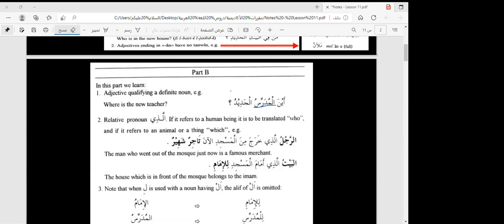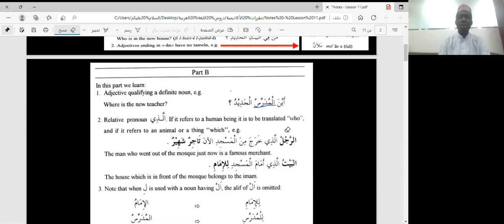Definite. It must also be definite. So aina al-mudarrisu al-jadidu. Where is the new teacher? So al-mudarrisu al-jadidu is the new teacher.